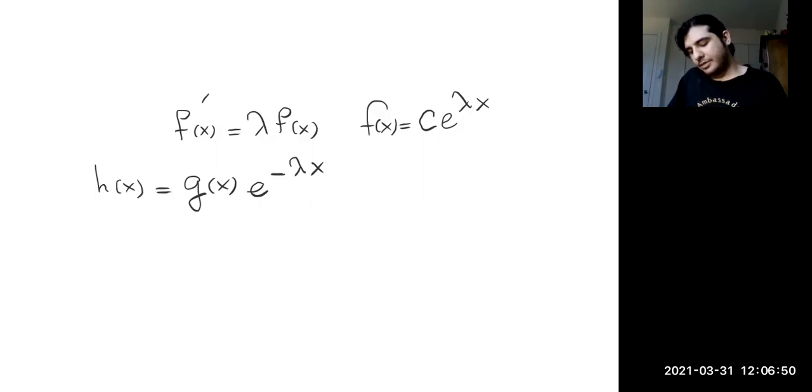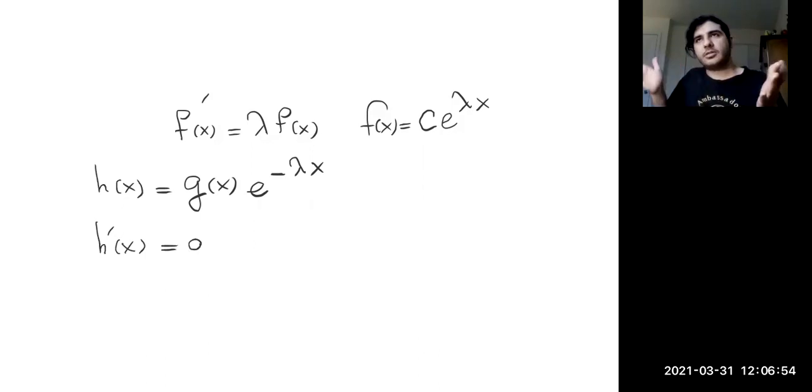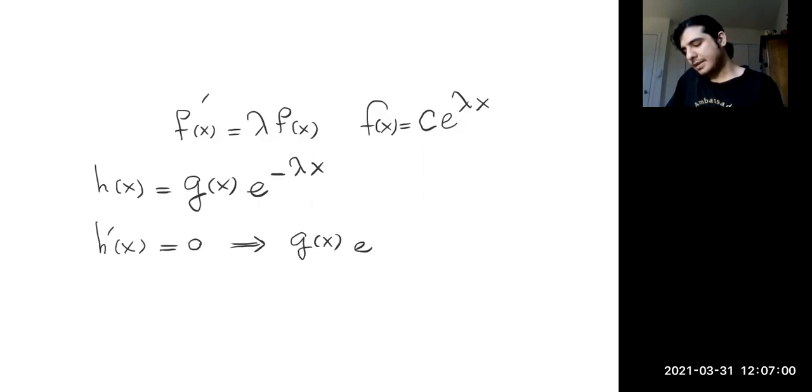Again, like the previous case, we would take the derivative of that. We would see the derivative becomes 0 using the product rule. And then we would understand g of x e to the minus lambda x should be a constant. I would call that constant a. So again, I would see g of x is equal to a e to the lambda x.